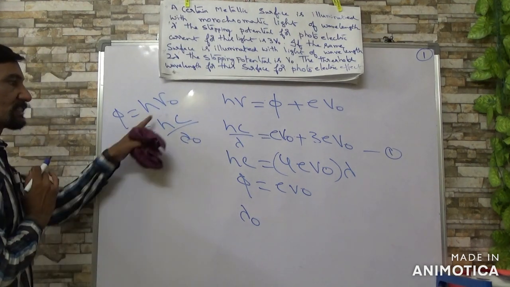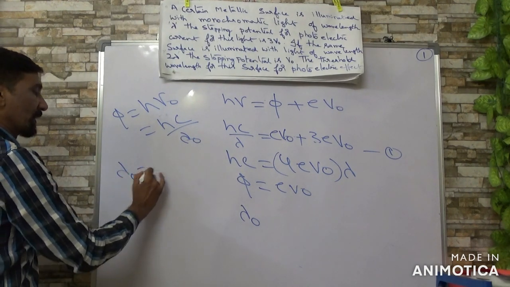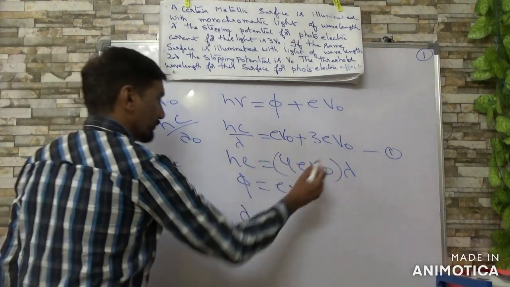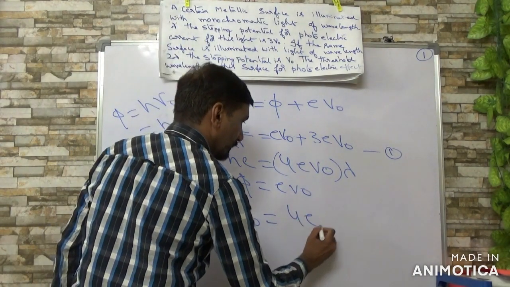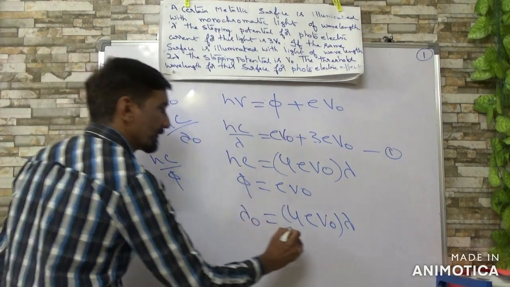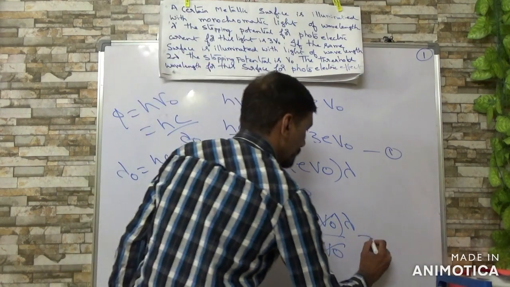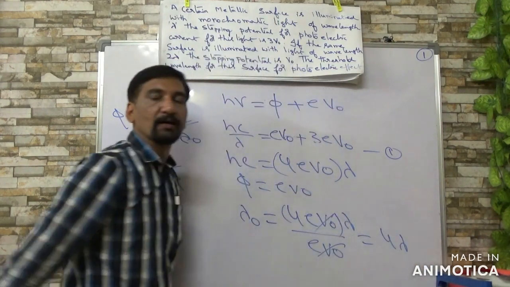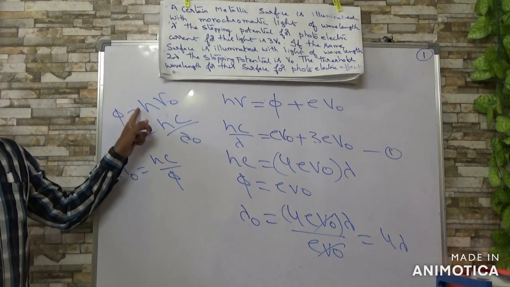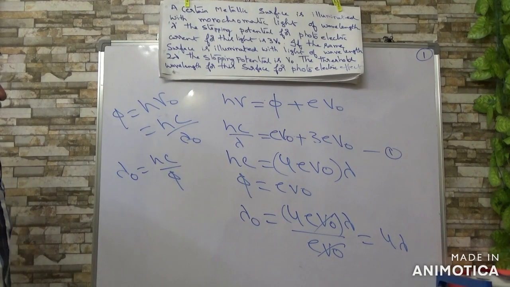So lambda naught will become hc by phi. The hc product, you got 4eV naught lambda, divided by phi, eV naught. eV naught cancelled, you will get 4 lambda. So remember, the work function is taken as h nu naught, that is hc by lambda naught.